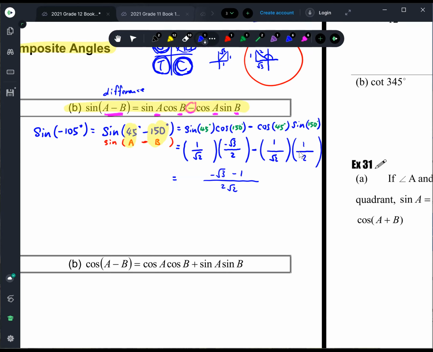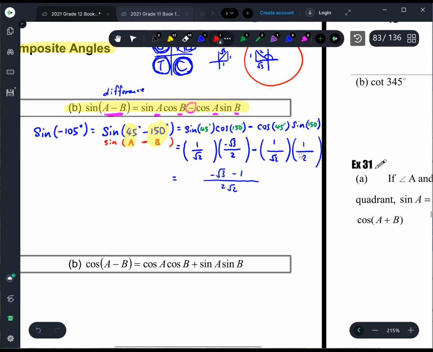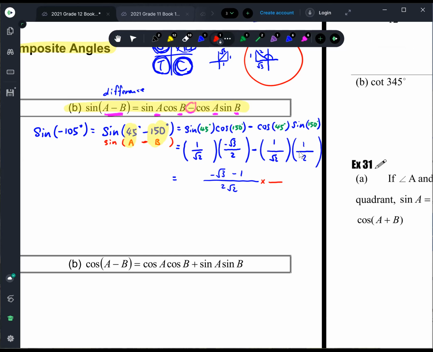We need to rationalize the denominator, if you remember from grade 11. You need to multiply to make the denominator have no square root. We need to multiply by something. What do we need to multiply to make the square root in the bottom disappear? Lily?